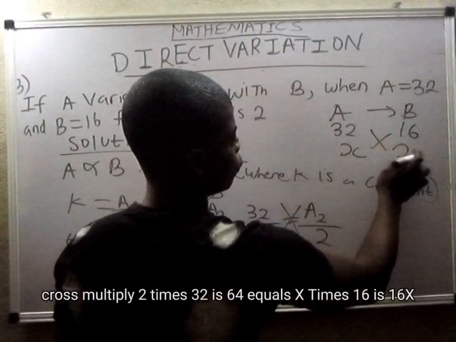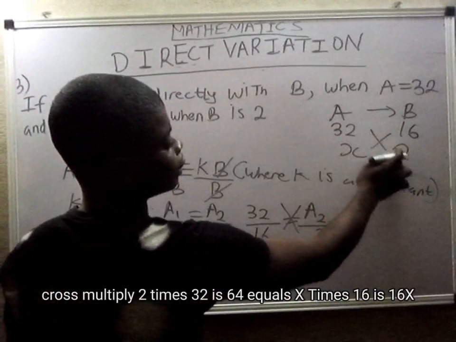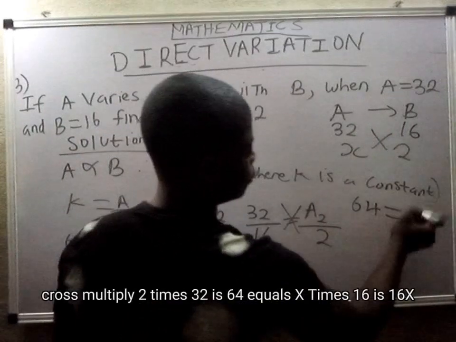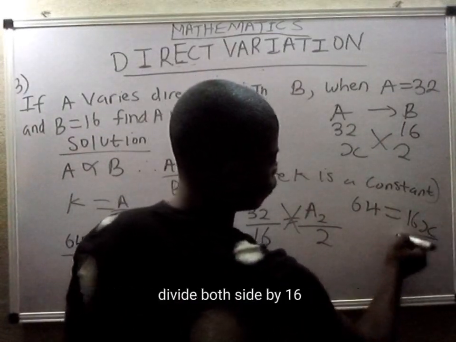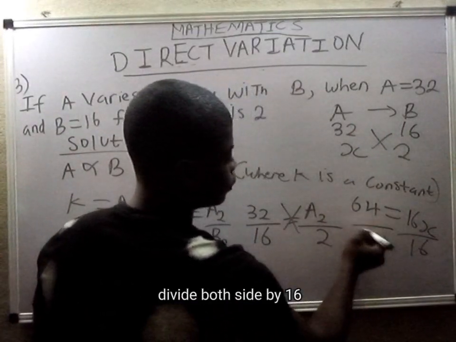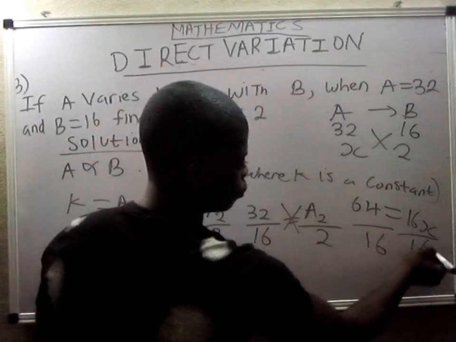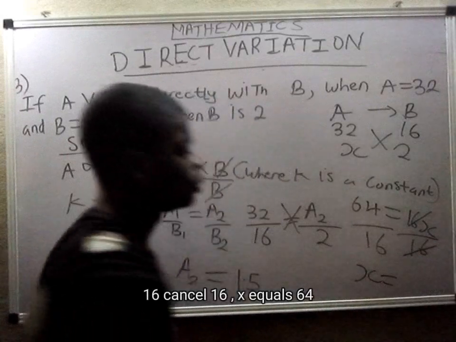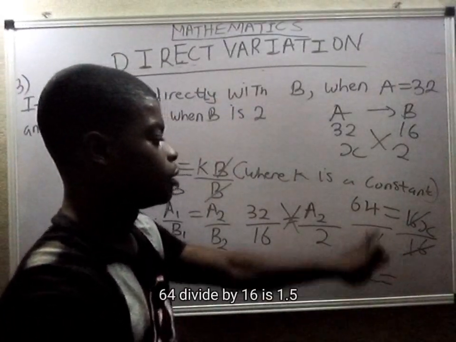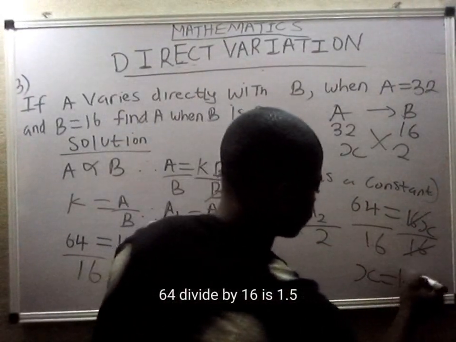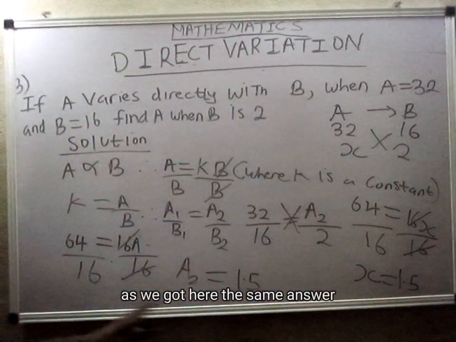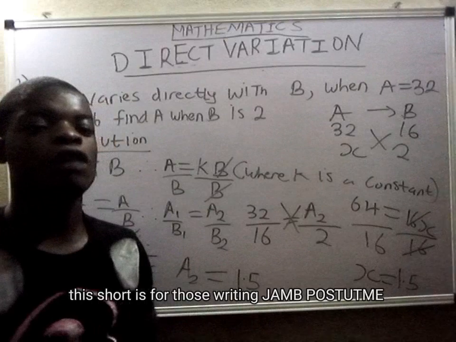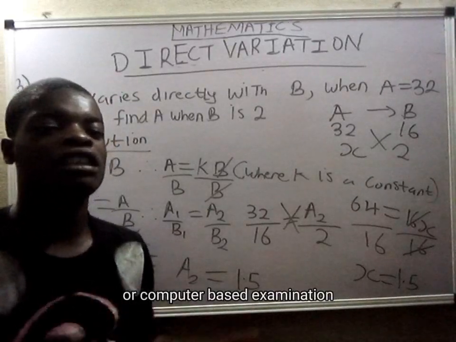Because we multiply, we have 2 times 32, which is 64, equals x times 16, 16x. Divide both sides by 16, so x equals 64 divided by 16, which is 4. As we got here, the same answer. This is the shortcut. This shortcut is for those writing JAMB or post-UTME or computer-based examinations.